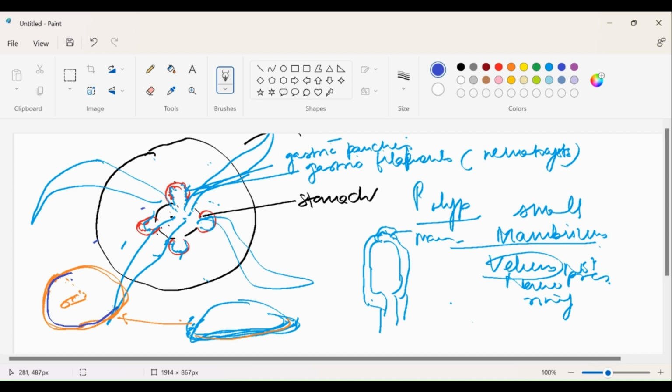Okay, so that is not the case in Scyphozoa. However, in Scyphozoa, on the margins, these are the margins, there are present in the notches certain sensory structures. This area is kind of notched, and here are present the rhopalia.